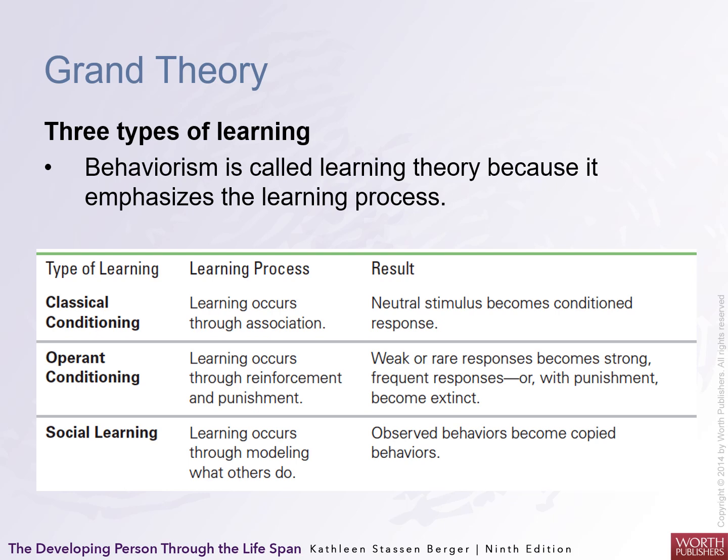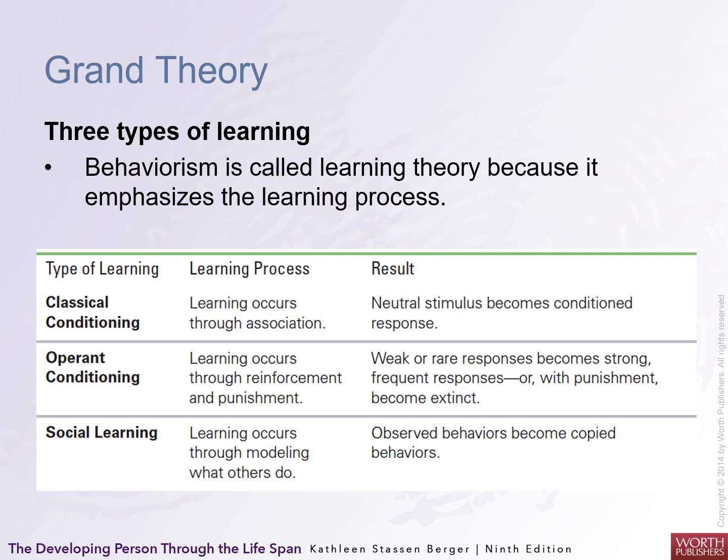So, for example, you've all heard of Pavlov's dog salivating when he heard the experimenter come into the laboratory. Operant conditioning, which wasn't Pavlovian, but it was more B.F. Skinner. Learning occurs through reinforcement and punishments. So you remember the feeling you get when you get an A on a paper as opposed to a D.